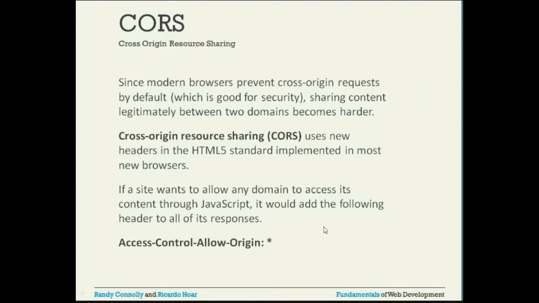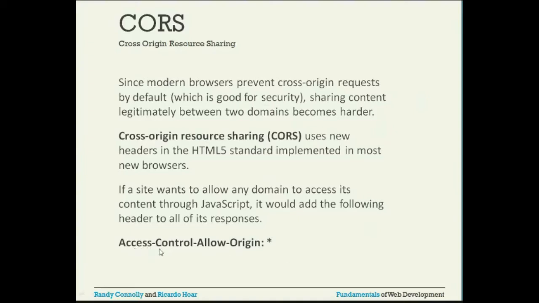If a site wants to allow any domain to access its content through JavaScript, it should add the following header to all its responses. So if you want any site to be allowed to access the content through JavaScript, then you can set this in the header.